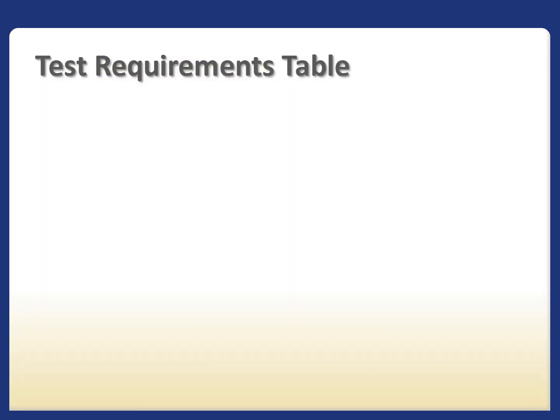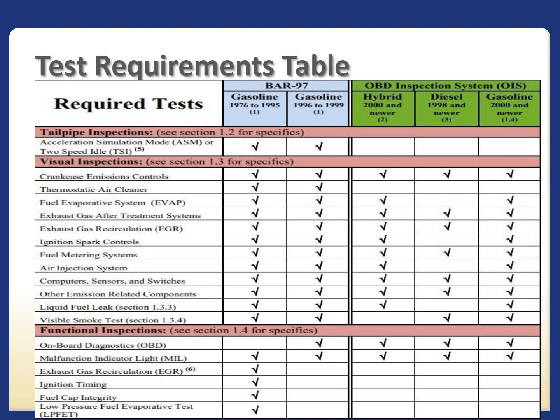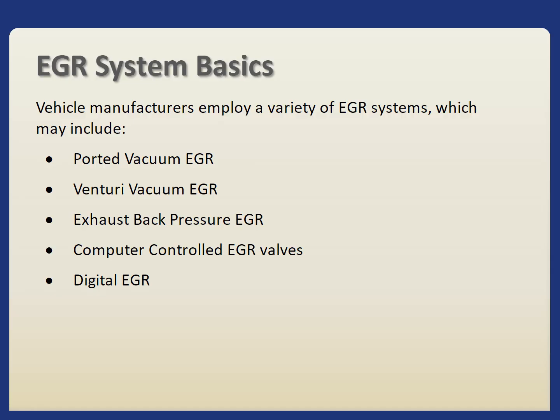When trying to determine if the vehicle you are currently testing requires a visual or functional test of the EGR system, please refer to the test requirements table found in the latest iteration of the Smog Check manual on BAR's website. In this section, we will discuss ported vacuum, Venturi vacuum, positive and negative back pressure, computer-controlled, and digital EGR systems. The next few slides explain these systems.